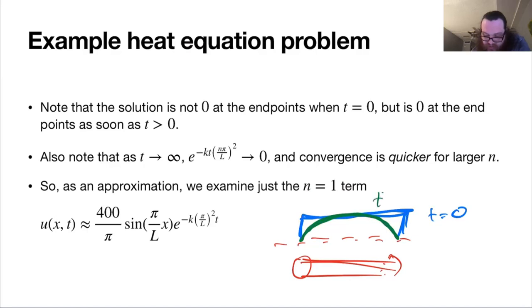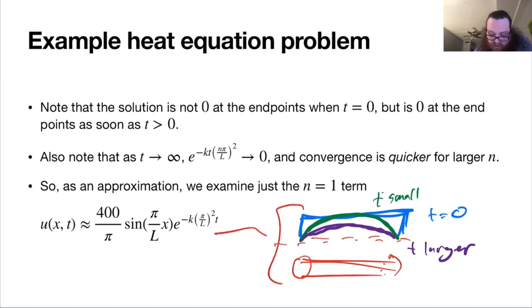This is going to be t small. And then as t starts to increase, we're still going to get this basic profile of sine, but this is going to be pushing sine to 0. And so this is going to be the approximation for t larger. So this picture right here corresponds to this approximation.